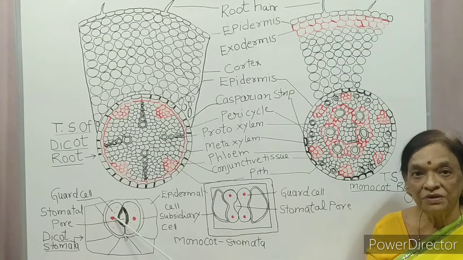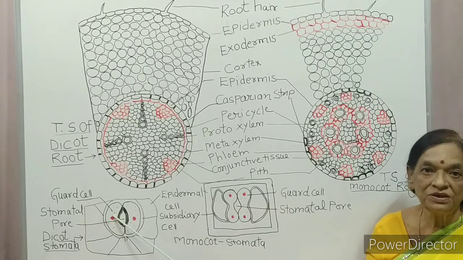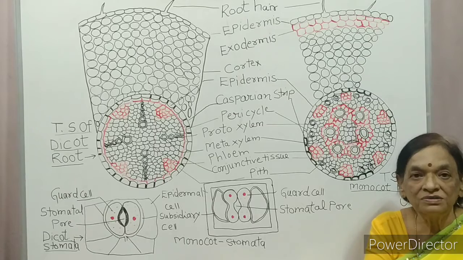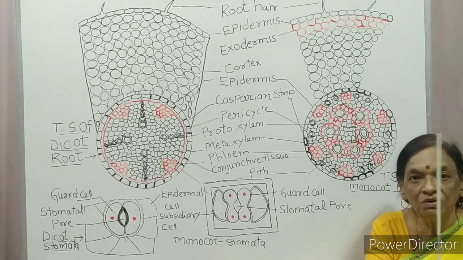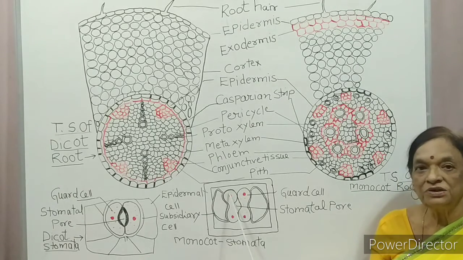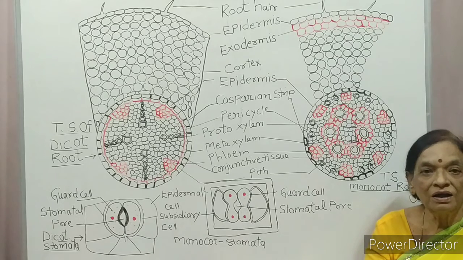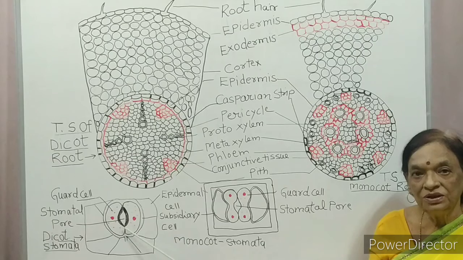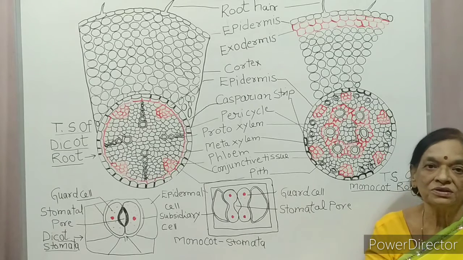Guard cell of dicot is bean shaped or kidney shaped. Guard cell of monocot is dumbbell shaped. Guard cell of dicot is uninucleate, while in monocot it is binucleate.